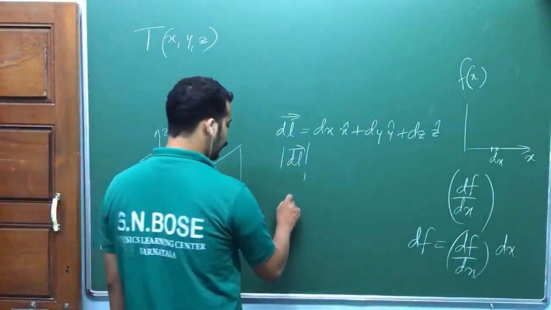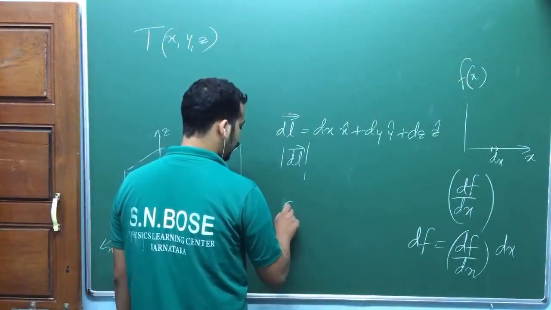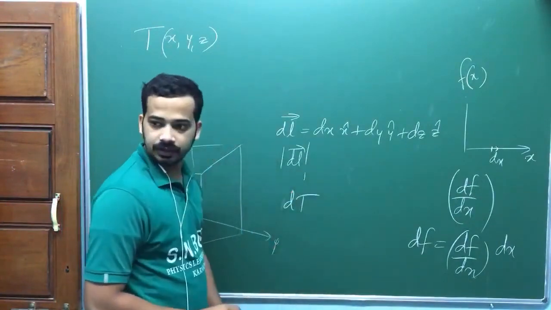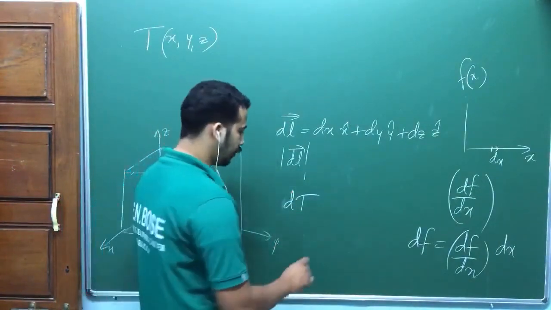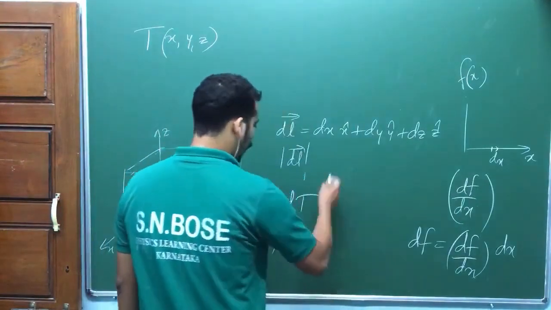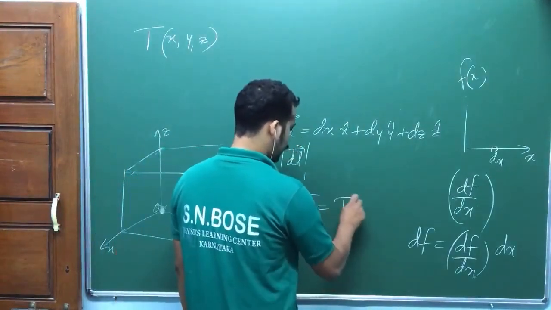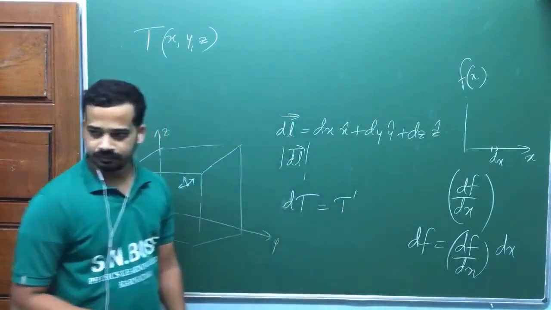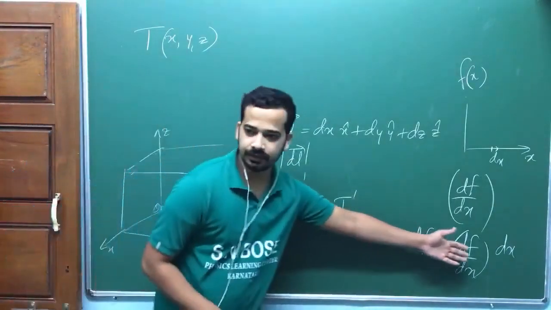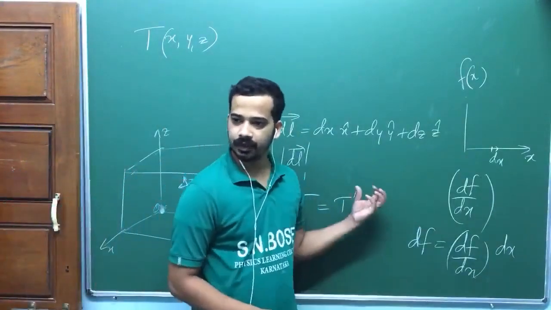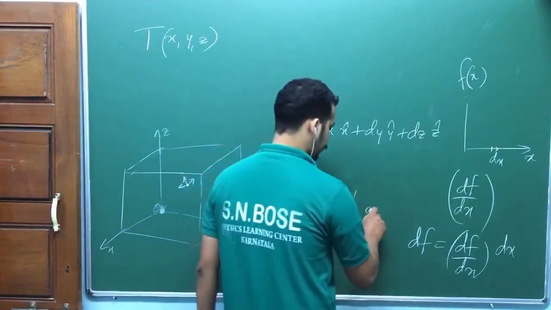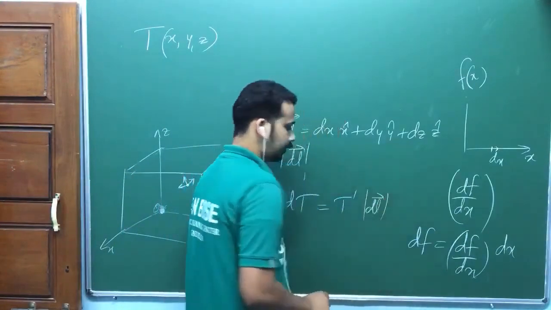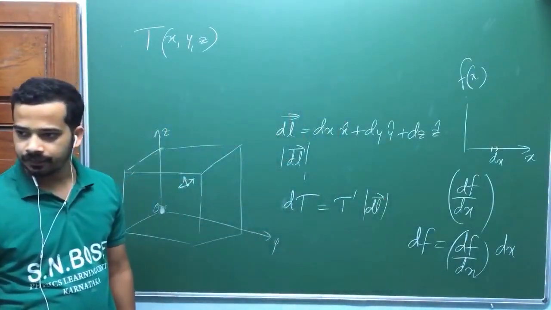So here, if you want to find the change in T, let me write dT, the change in T, isn't it? Now again, you have to put some derivative, so can I write T dash, just like you write f dash here, and dl vector, let me put mod here, is that okay?